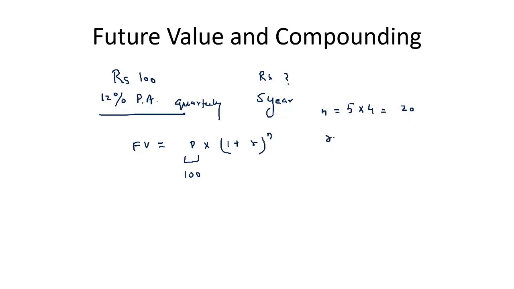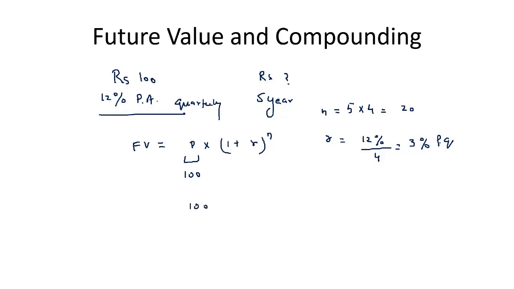And for the interest, this is being paid quarterly, since 12% is per annum. So 12% divided by 4 is your per quarter interest.